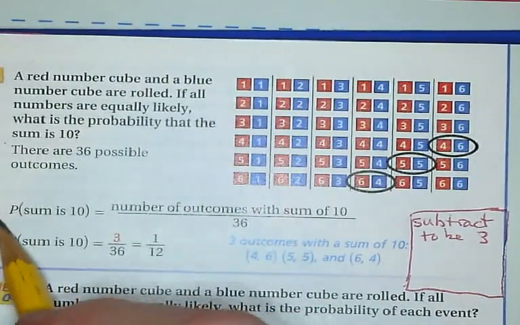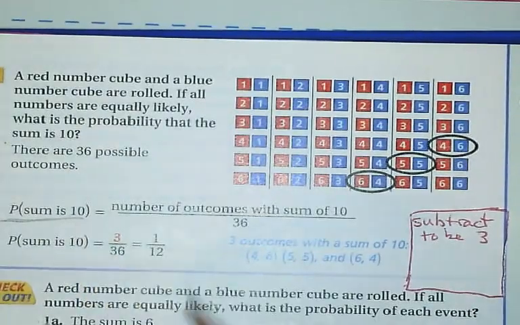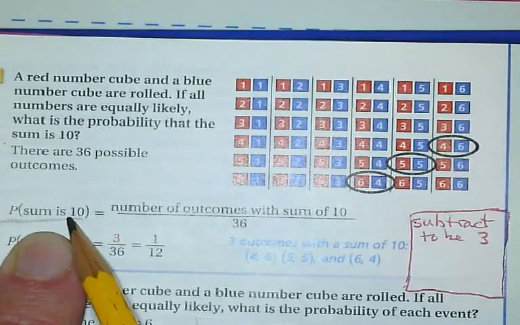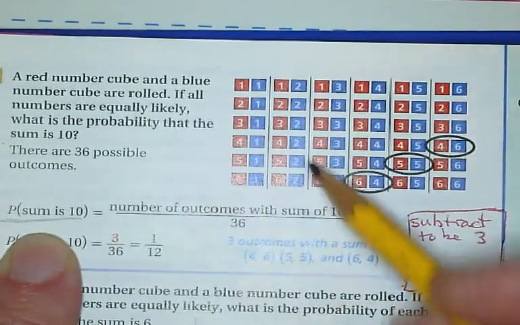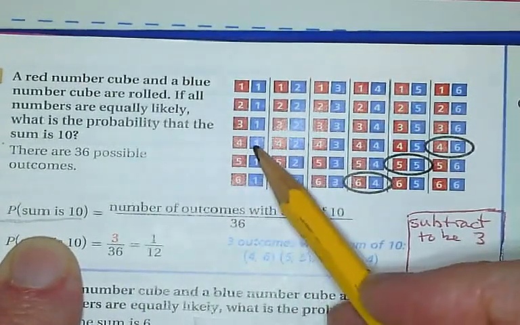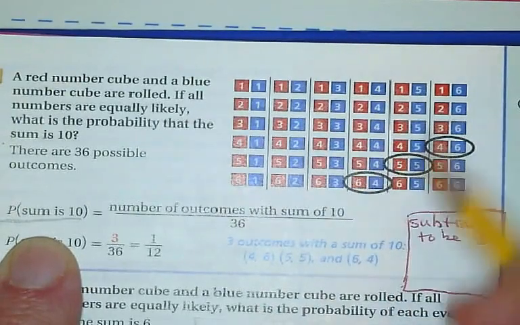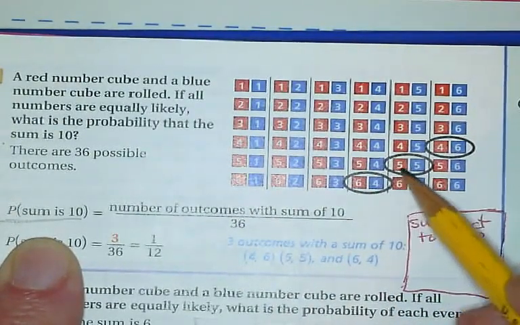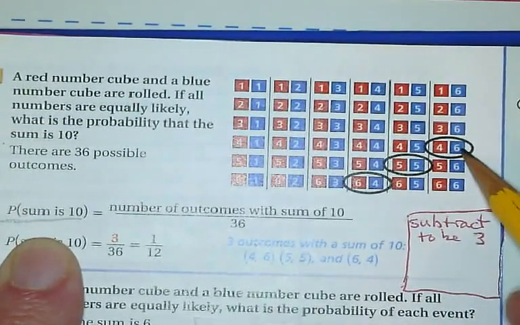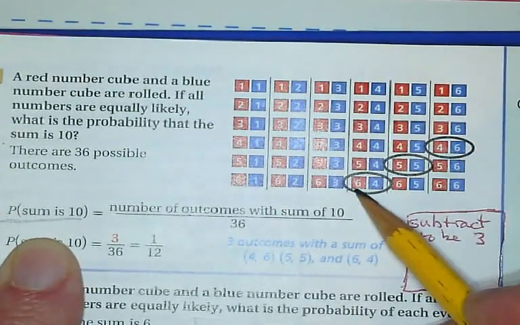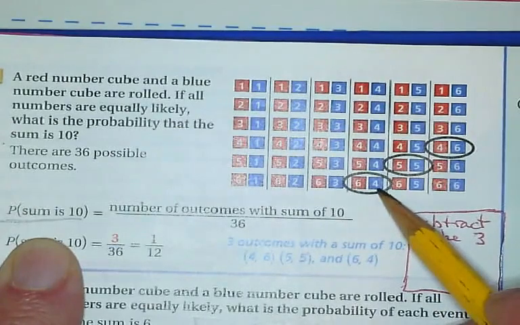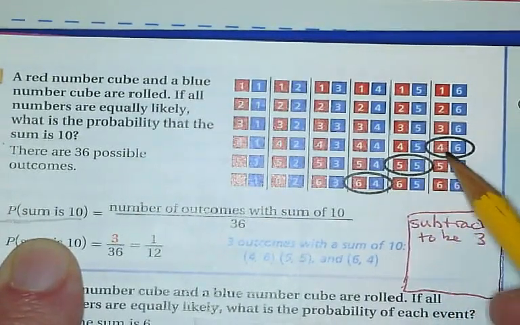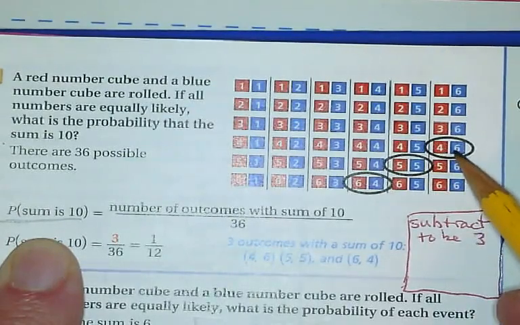So here they asked, what's the probability that when you add them up, the sum is 10, right? Well, if you roll these two, that doesn't add up to be 10. That doesn't add up to be 10. See, these are the ones here: 6 and 4, 5 and 5, 4 and 6. The red one's 6 and the blue one's 4, or the red one's 5 and the blue one's 5, or the red one's 4 and the blue one's 6.